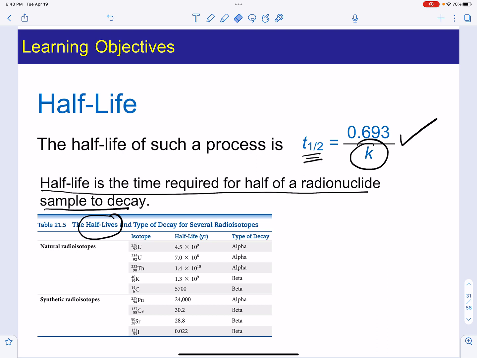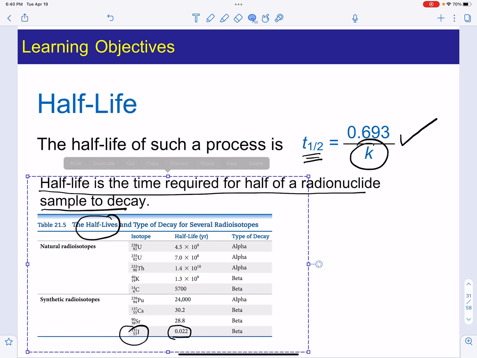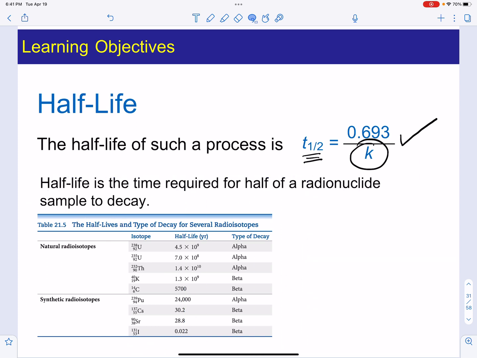But for example, iodine, 0.0222 years, which is basically some few minutes, is how much it's going to take for half of this iodine to go down to half of it. So this table is important because it gives you the half-life, and those values are what goes in here, and that would allow you to calculate your rate constant, right?